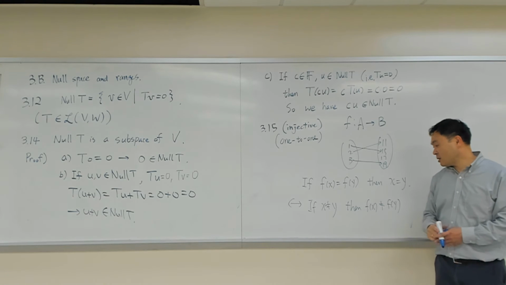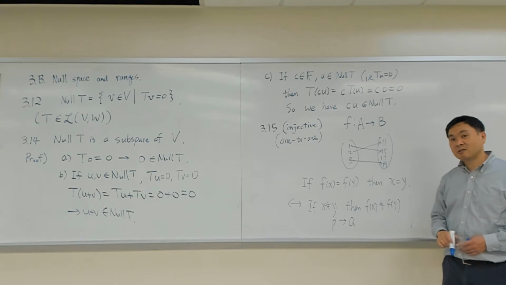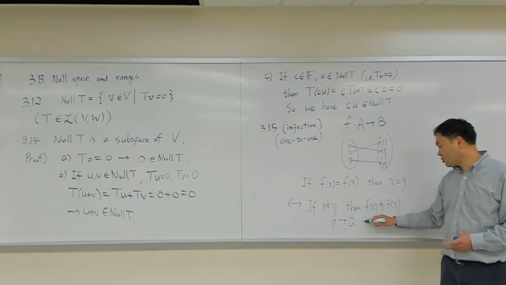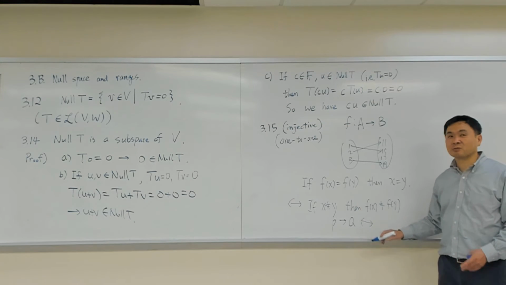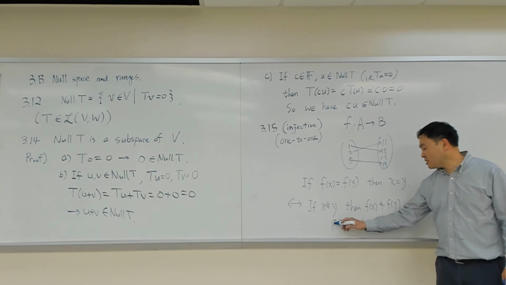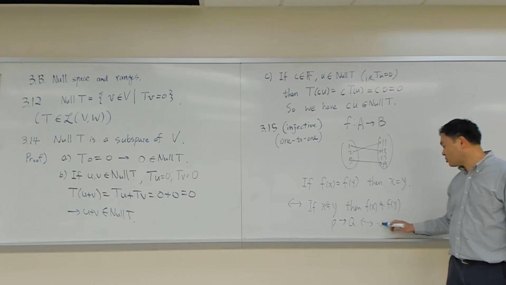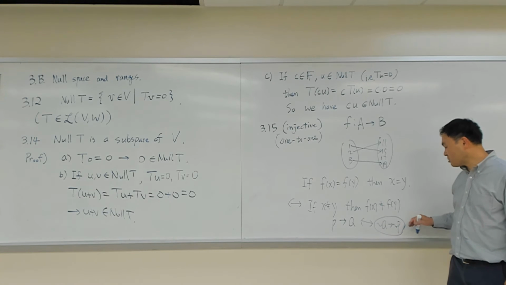But if you have P implies Q, this is also, what do you say? Saying P implies Q is the same thing as not Q implies not P. Does anyone remember what this means?